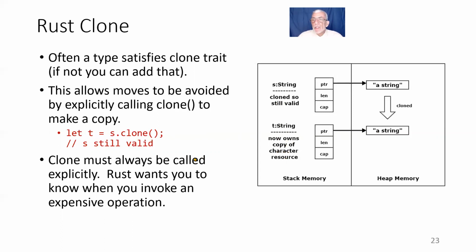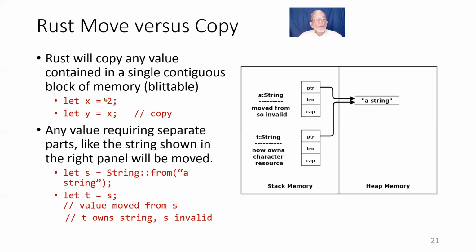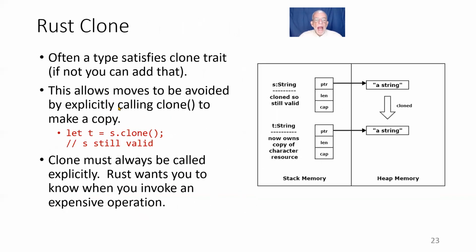Copies for the primitive types are called implicitly. You saw me do that right here. This is an implicit copy. I just did a binding to that data, and the copy happened implicitly. But that never happens with clone.